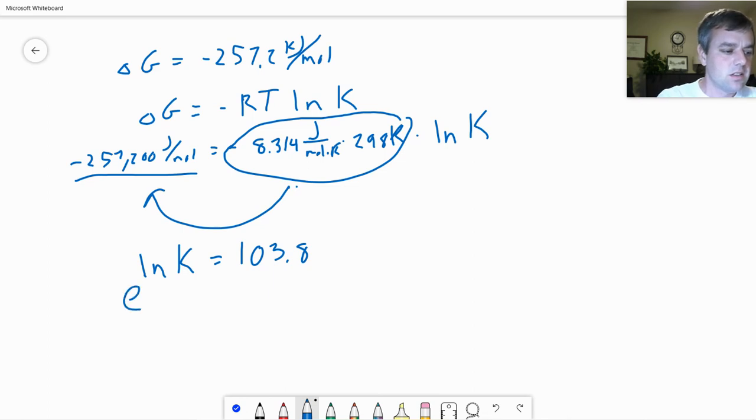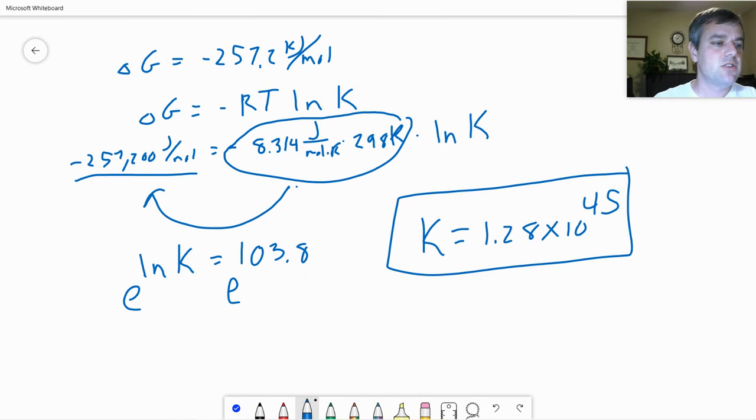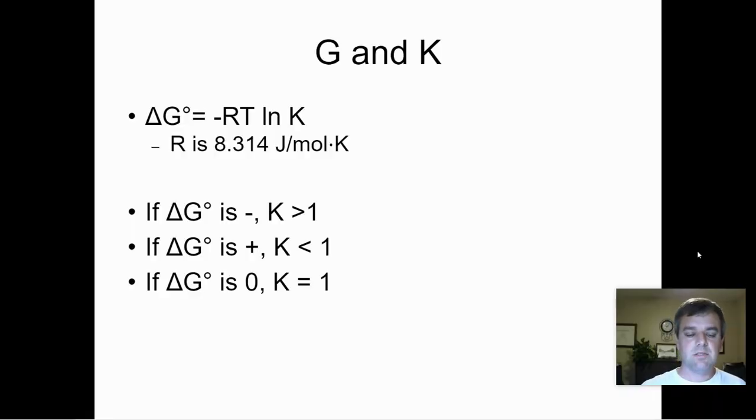Then we raise e to both sides, and we get that K equals 1.28 times 10 to the 45th, which is a huge number. It's a very large equilibrium constant, although that should make sense because the value of delta G was quite large and negative.